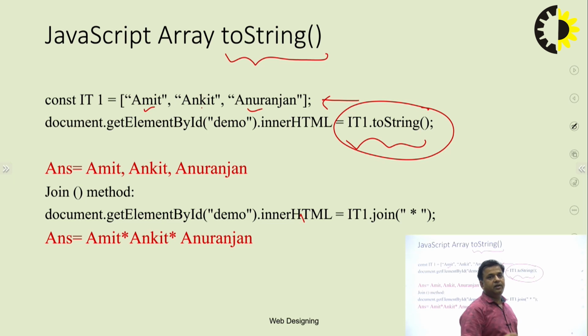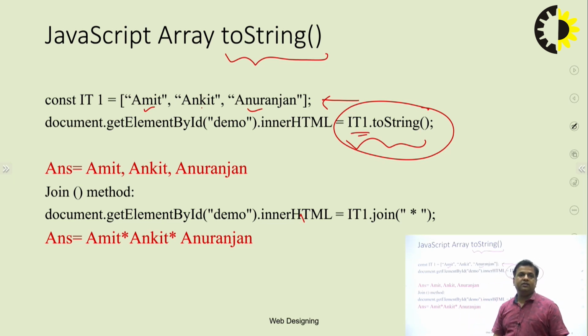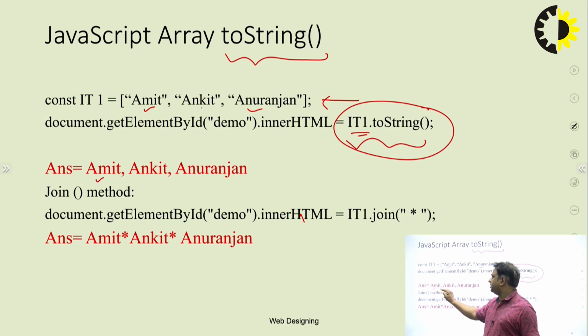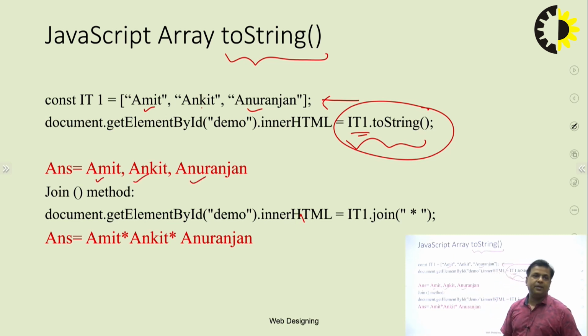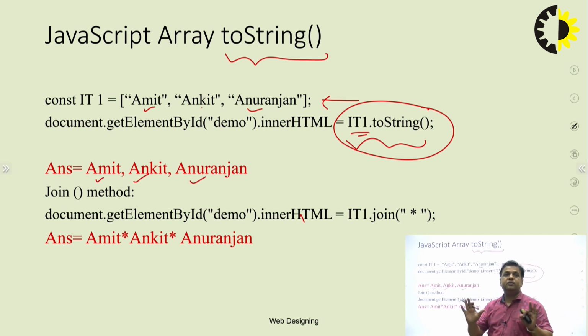This will convert the array it1 into a string. All the elements will be written as Amit, Ankit and Nandan, separated by a comma. That is by default, right? So what we see here is that the array has been converted into a string, right?